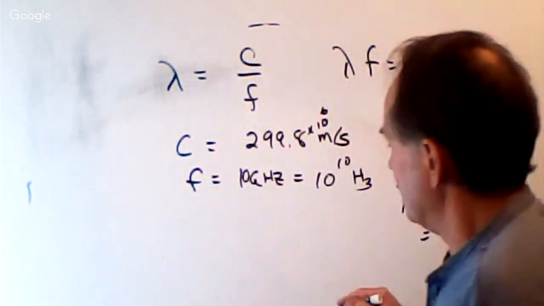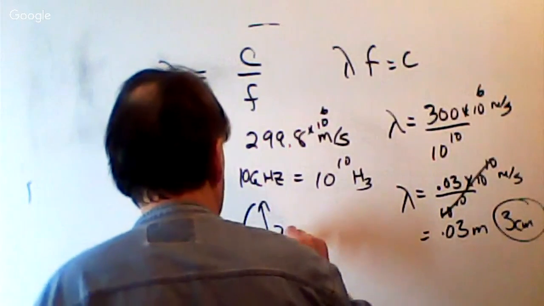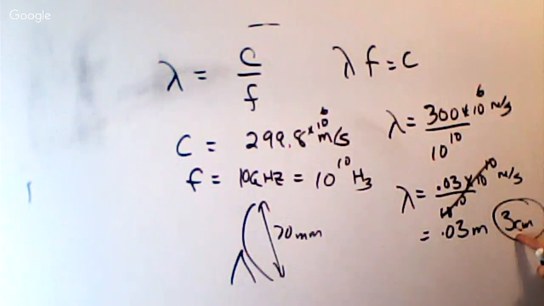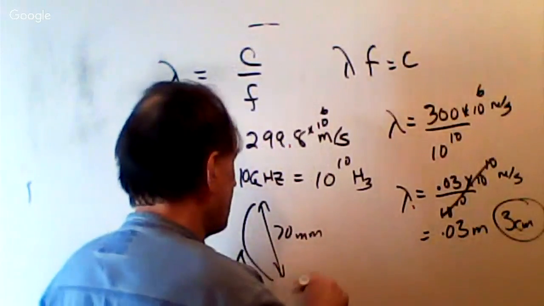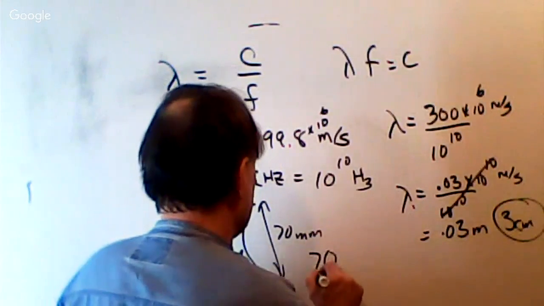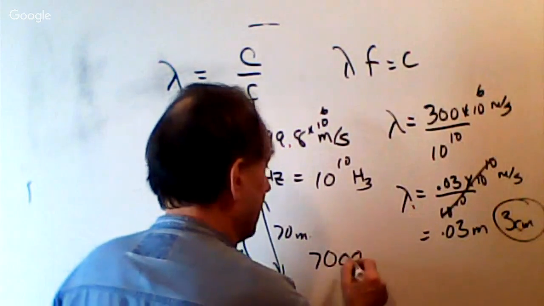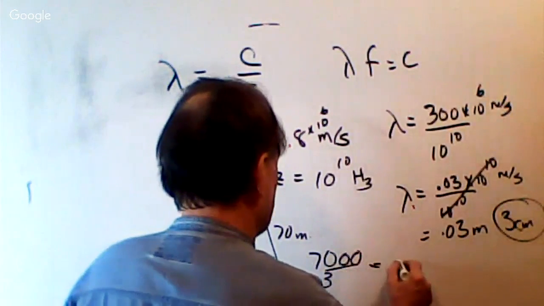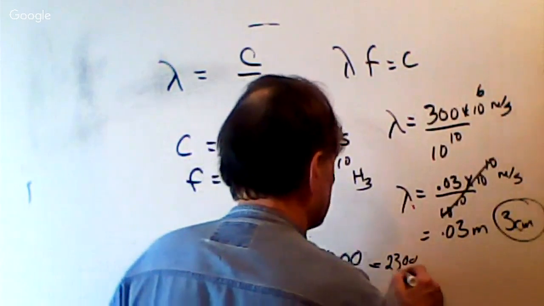So if you're running this through a parabolic dish antenna that's 70 meters across, you can see that a signal with a wavelength of 3 centimeters is an awful lot of wavelengths. So 70 meters, or 7,000 centimeters, divided by 3 centimeters gives us close to 2,000 wavelengths, 2,300 wavelengths.